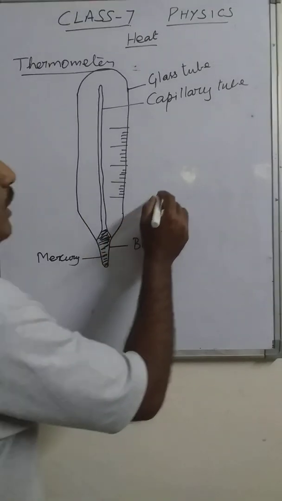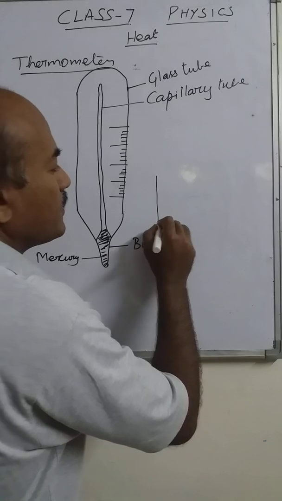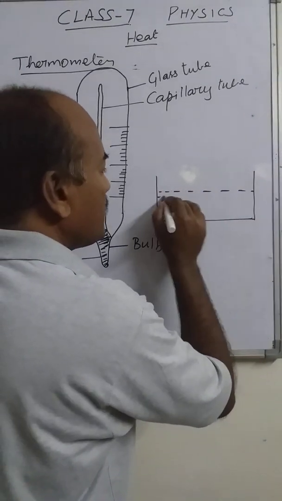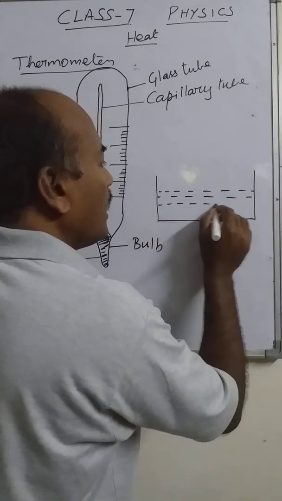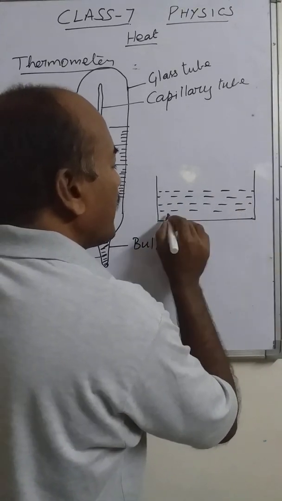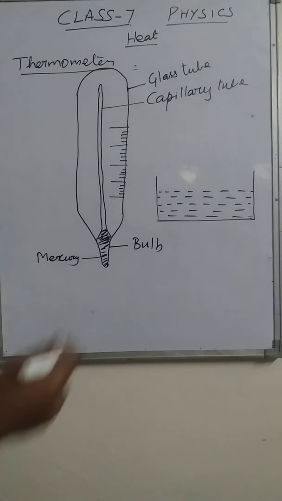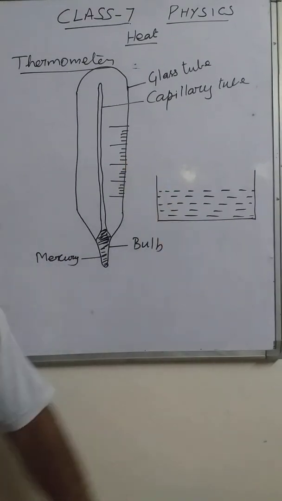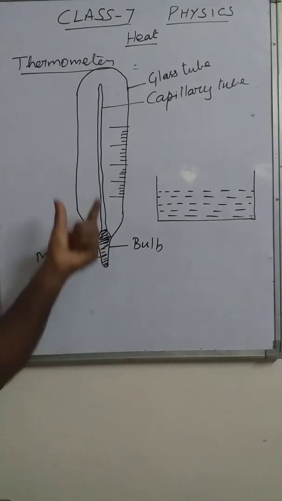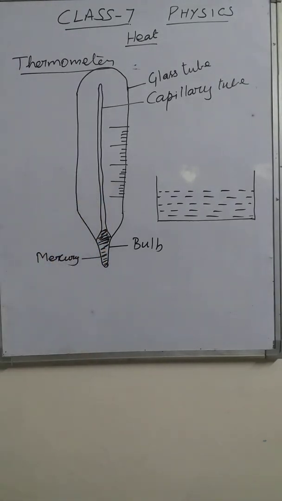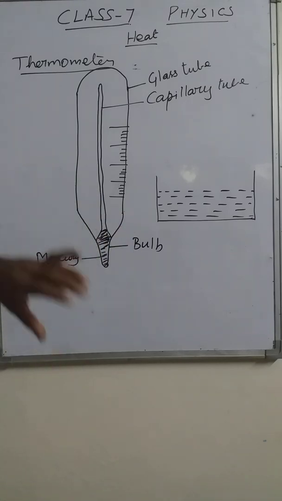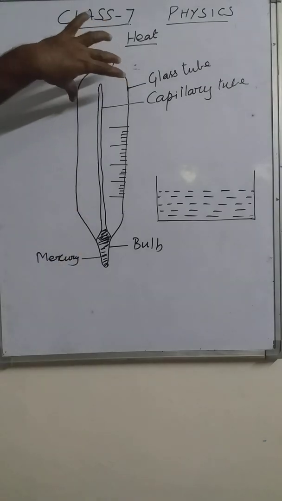Suppose we have a container. The container is filled with water. Let us take this as water having somewhat higher temperature. It is hot water. And the temperature of this water is to be measured by using this thermometer. How is it used? The thermometer is held from the top of the glass tube.